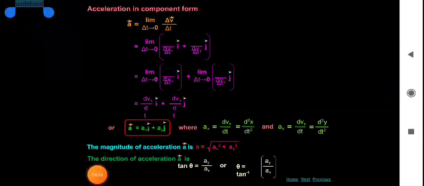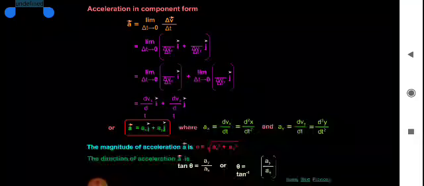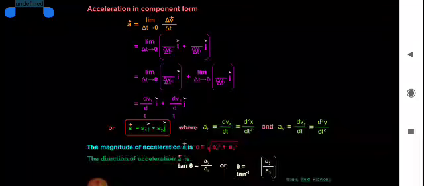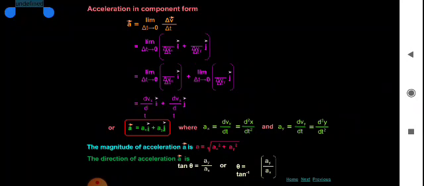Now let us study the acceleration components. We have to write the values of acceleration in terms of its components along the x and y axes. So the instantaneous acceleration is equal to limit delta t tends to 0 of the vector delta v divided by delta t, that is equal to limit delta t tends to 0 of delta vx i cap divided by delta t plus delta vy divided by delta t into j cap.